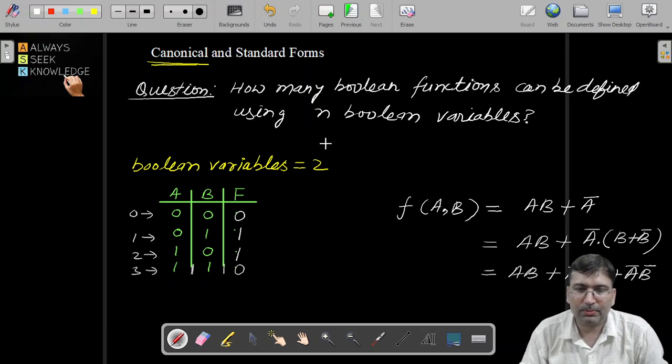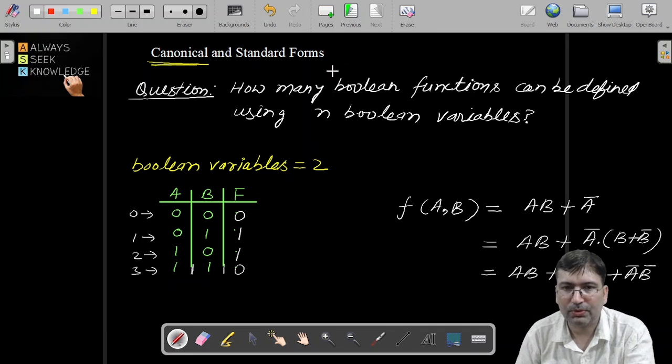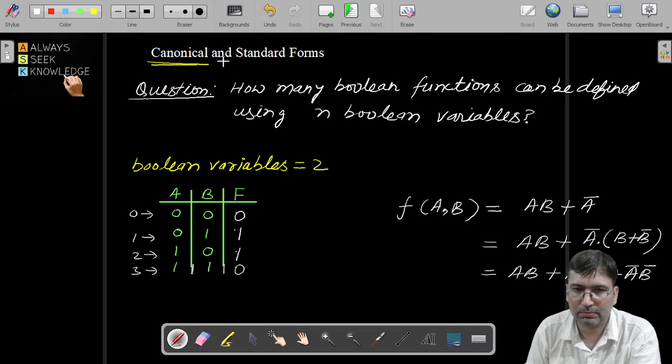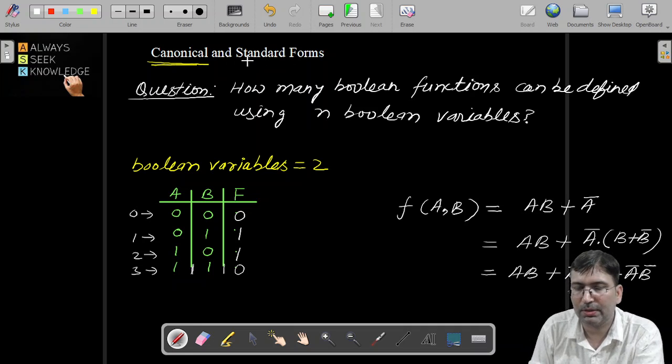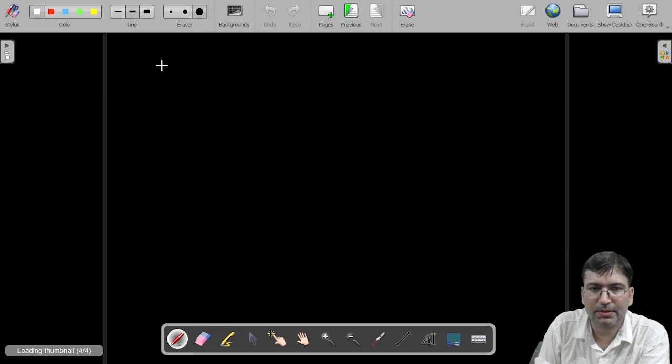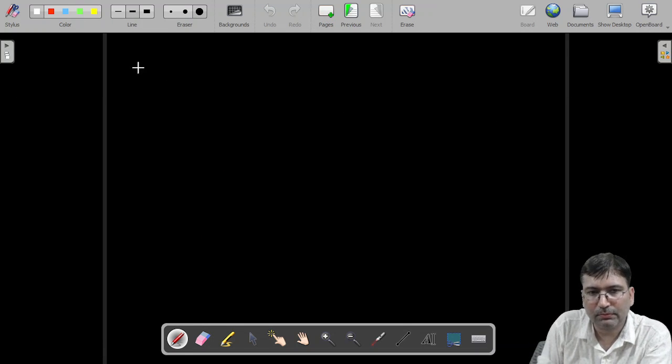But canonical forms are two. There are two standard forms that we are discussing.